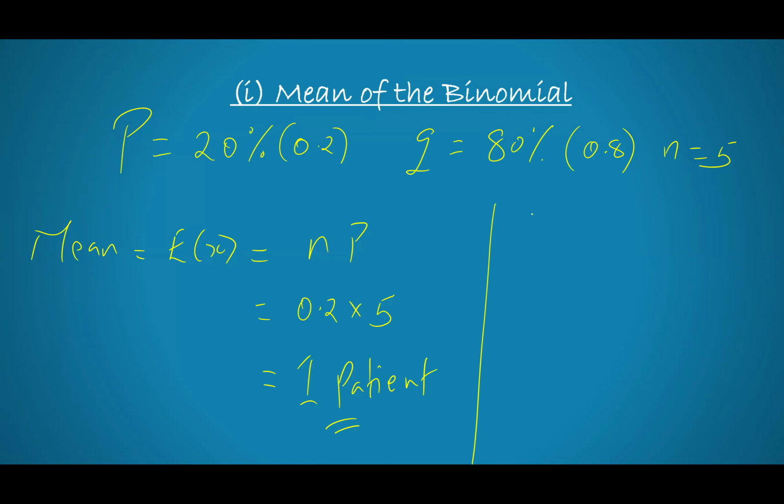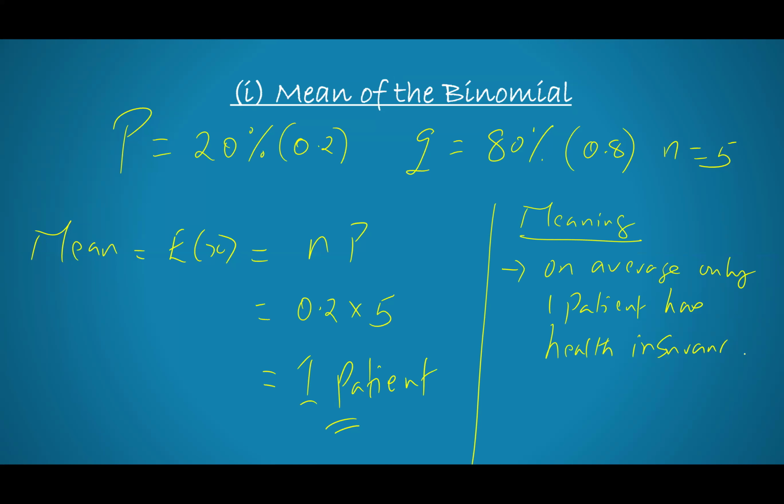That would be the interpretation: on average, only one patient has health insurance. Good. All right, let us go to the second part.